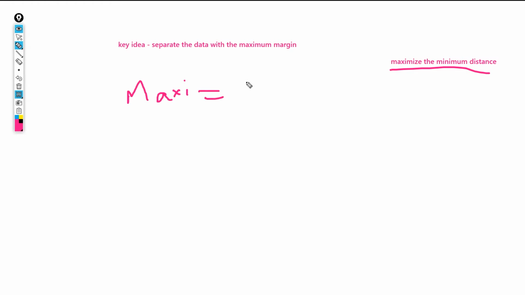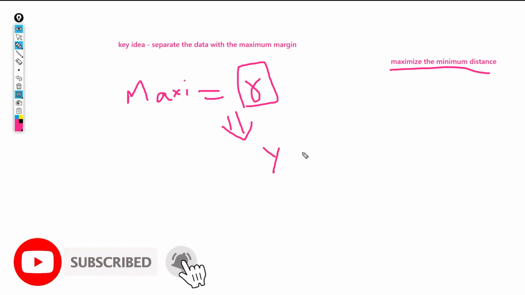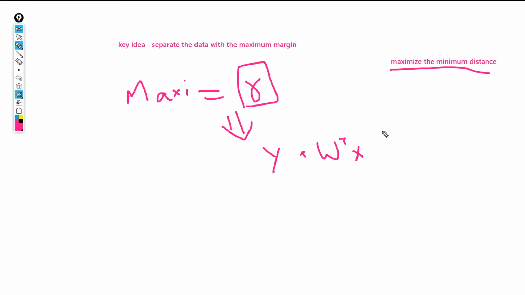Let's say that distance is gamma, and we want to maximize this distance such that it has a constraint with it: y times w transpose x plus b is greater than or equal to gamma.